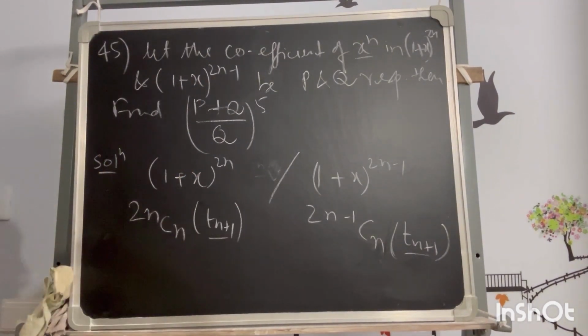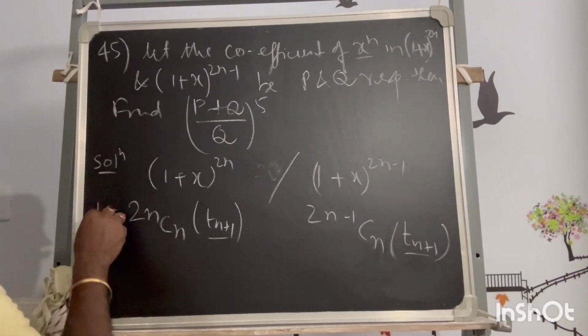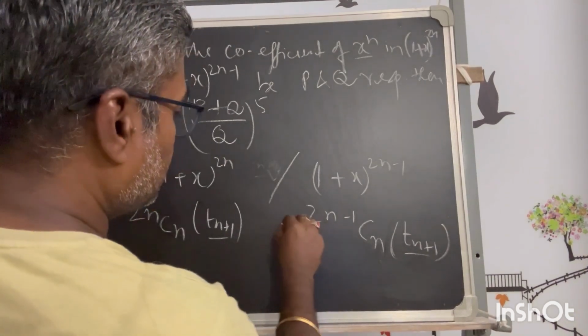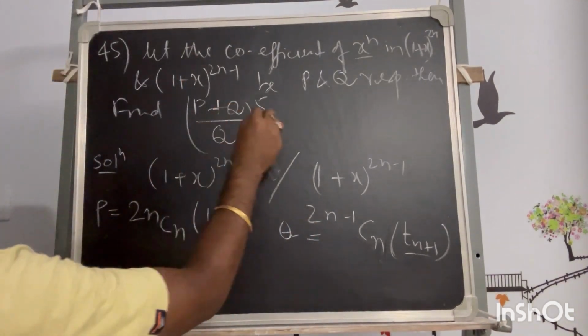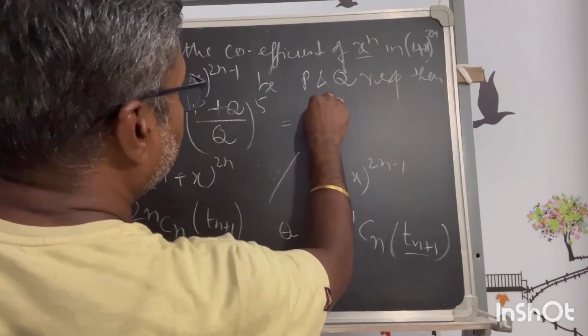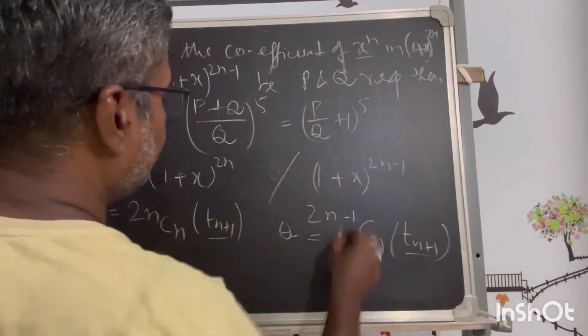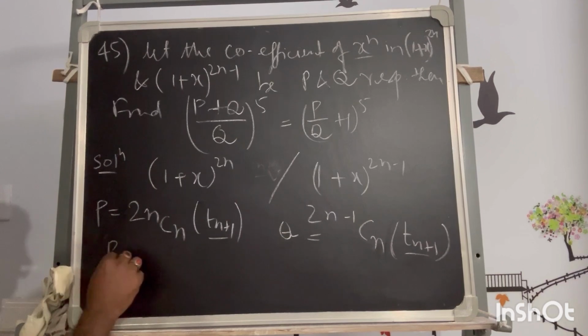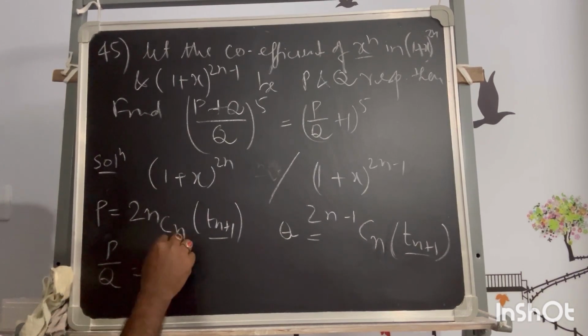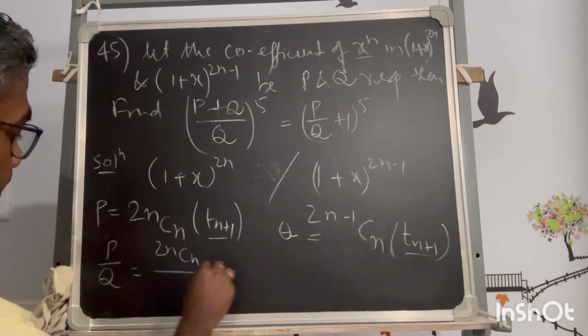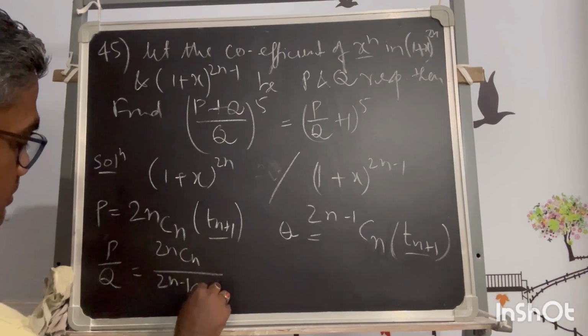So this is fixed. What we know, this is equal to P and this is equal to Q. Now this we can break into (P by Q plus 1) whole to the power 5. So what we have to do, P by Q first we have to calculate: 2n Cn and (2n minus 1) Cn.